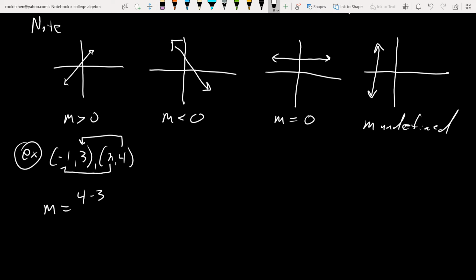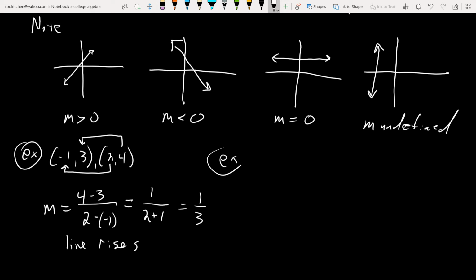Once you've said you're going 4 minus 3, you have to go 2 minus -1. You can't go -1 minus 2. It'll screw it up. So order, again, is very important here, as with all math. So 2 minus -1 is the same as 2 plus 1, which is 3, so the slope is 1/3. Okay, so it has a positive slope. The line must be going up. The line rises, right?